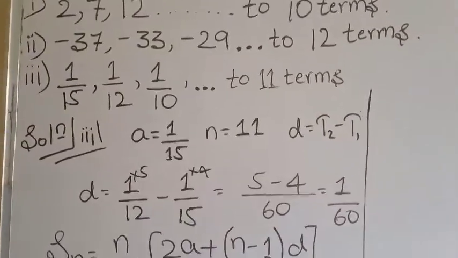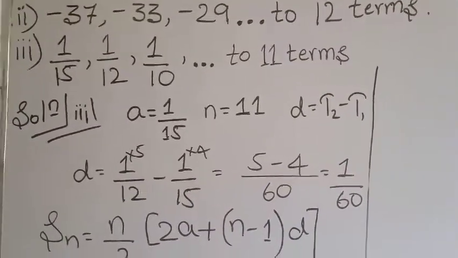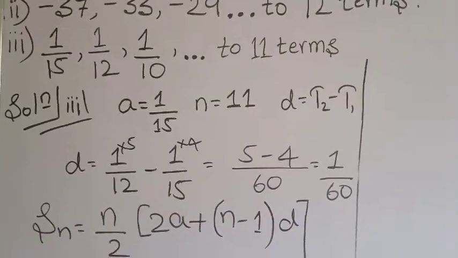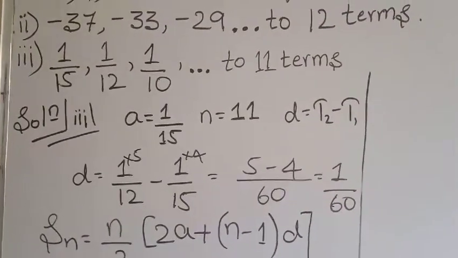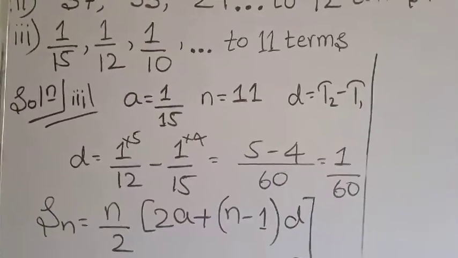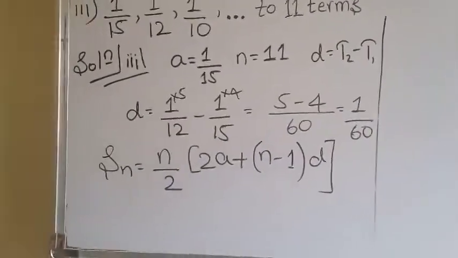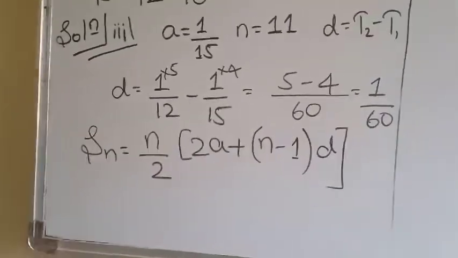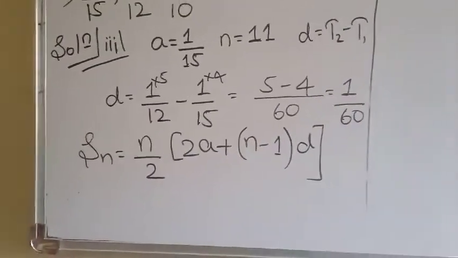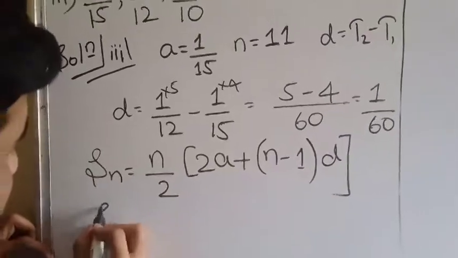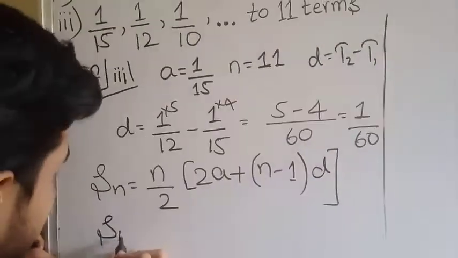By taking LCM, you will get the value of d. The LCM of 12 and 15 is 60. 12 fives are 60, 15 fours are 60. Then 5 minus 4 is 1, so 1 by 60 is the d value. Now substitute the values of a, d and n in the formula Sn.